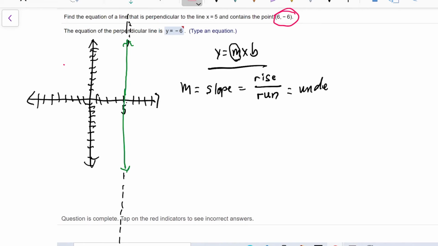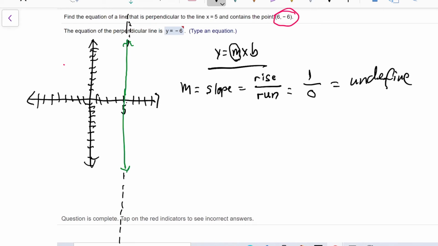Before I write undefined, we can conclude that our slope is 1/0 or undefined. Okay.